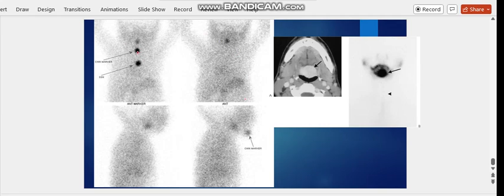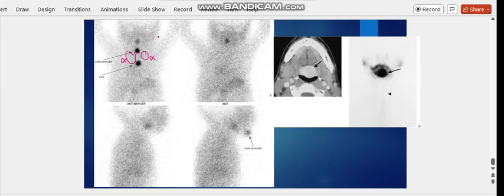So these are two markers. One is put at the level of the chin, and the other is put at the suprasternal notch. Why? Because thyroid uptake should be seen between the chin level and the suprasternal notch. And here in this child, there is no thyroid activity seen on the thyroid scan because this child has congenital hypothyroidism.